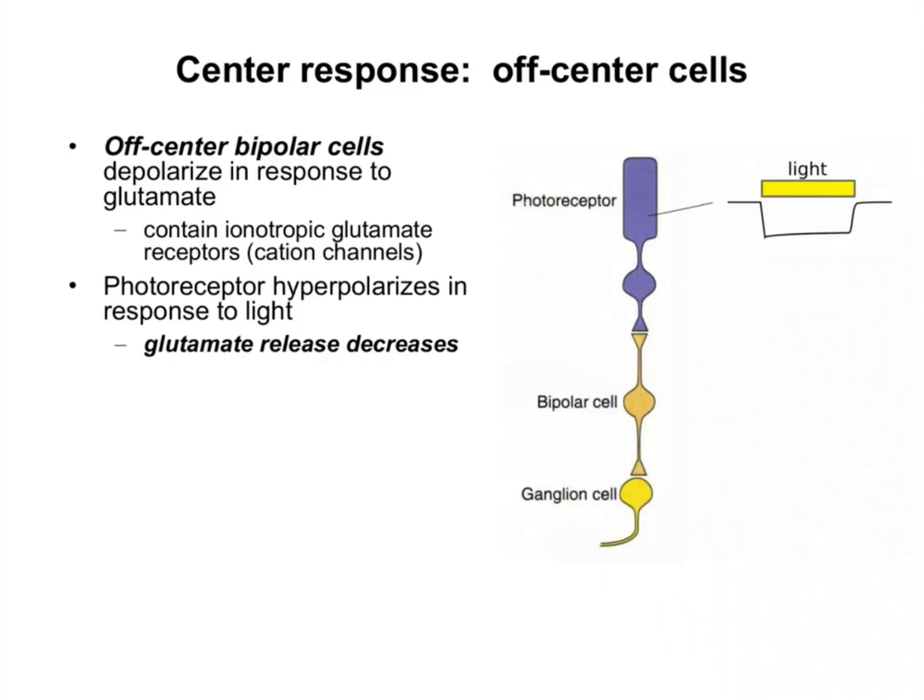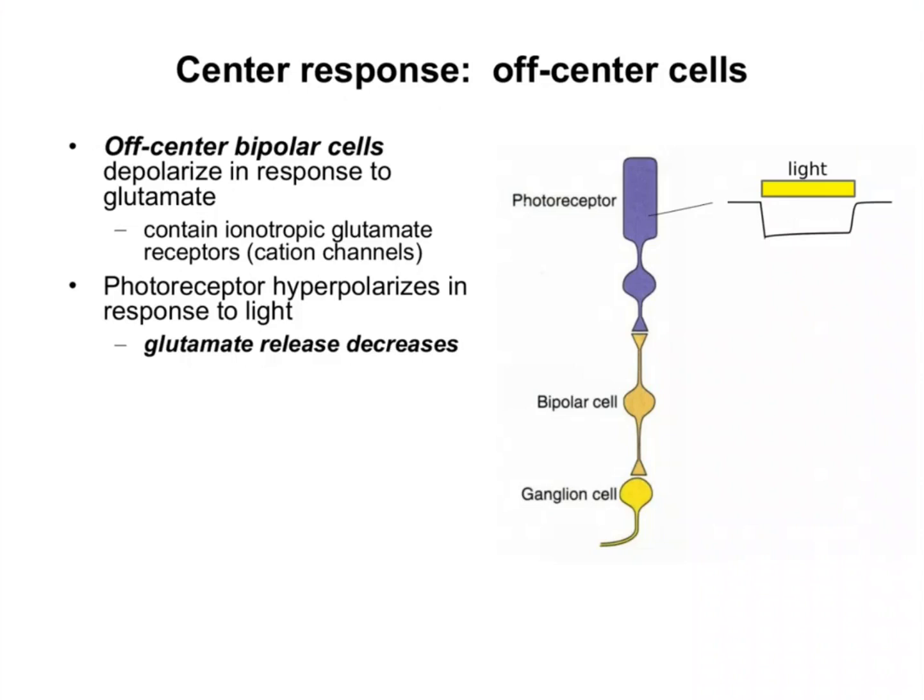Okay, so let's take a look at how, first, off-center bipolar cells respond to light stimulation of their presynaptic photoreceptor, and how the off-center bipolar cells are affected by glutamate. So our off-center bipolar cells are our bipolar cells that have a normal response to glutamate.